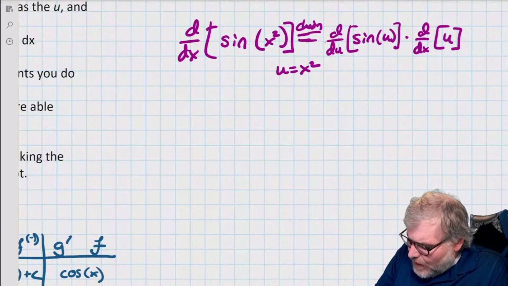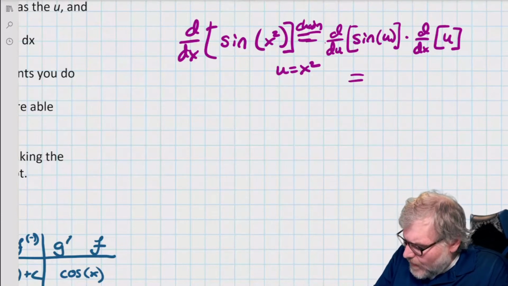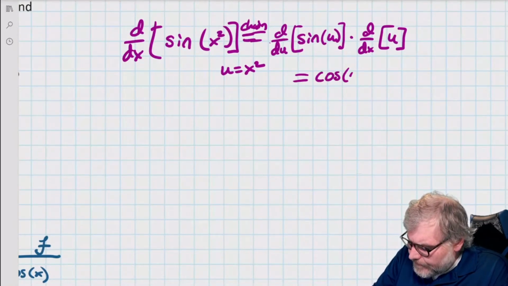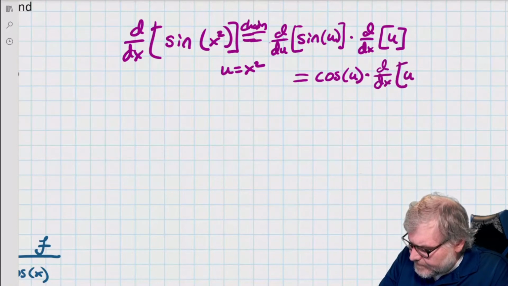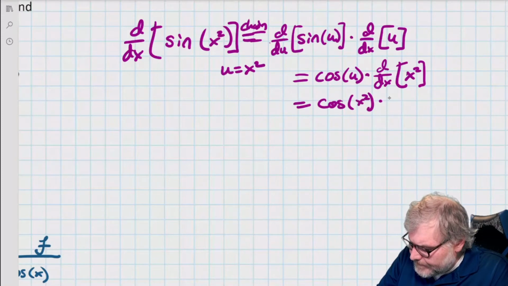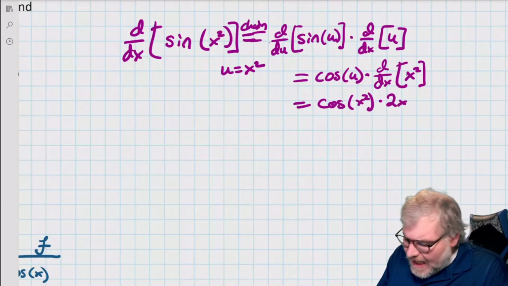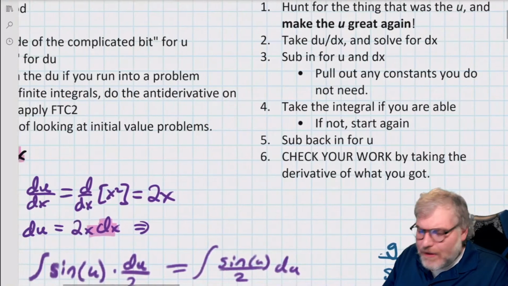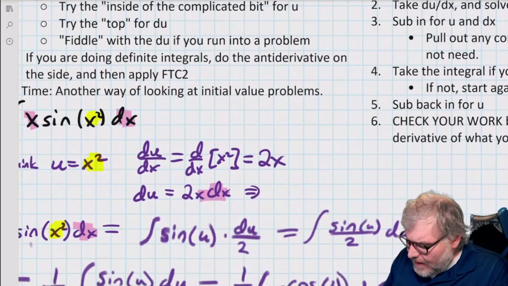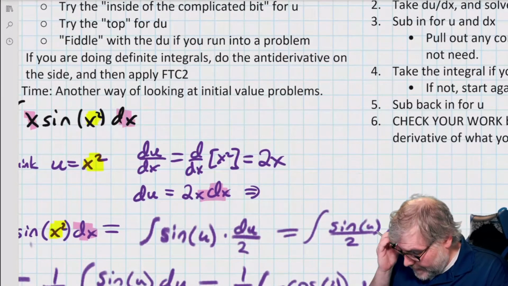So when I did the chain rule, I wound up with the derivative with respect to u of sine of u times the derivative with respect to x of the inside. So that would be cosine of u, and u was x squared. So I had this u. Now what I want to do is go backwards. So now we're going to look at this problem in a way of going backwards.